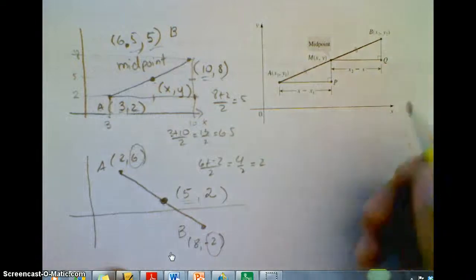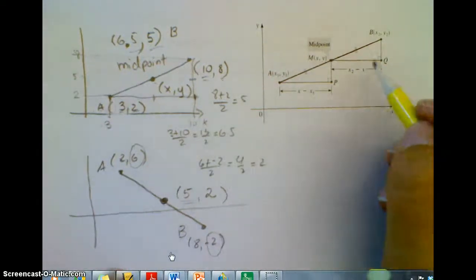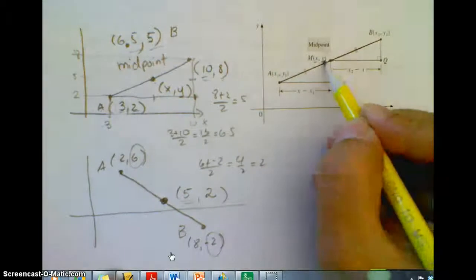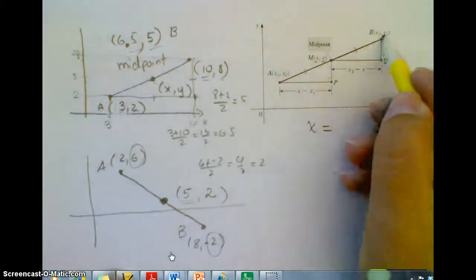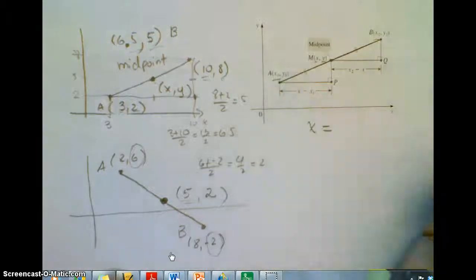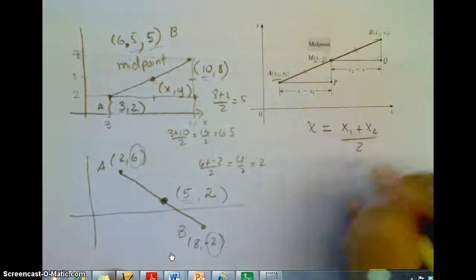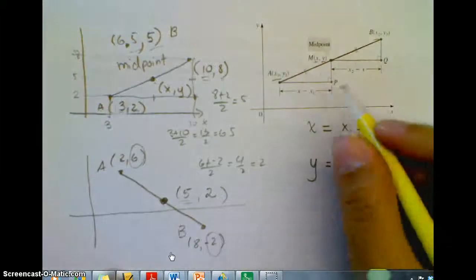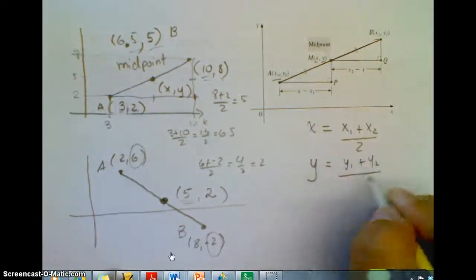So in general, and let's go to this picture right here, the midpoint has x and y coordinates, and the x coordinate will be the average of the x coordinates of the other 2 points, and the y coordinate would be the average of the y coordinates of those other 2 points.